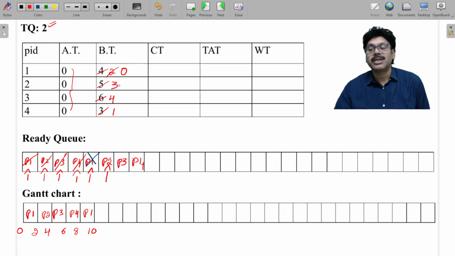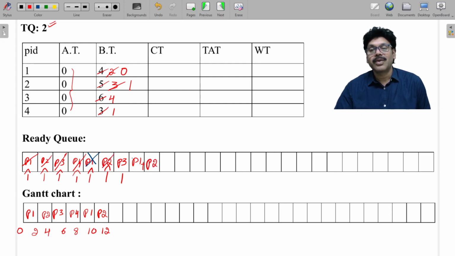P2 requires how many? 3 units, but I can give only 2 units. Balance is 1. So P2 is executed up to 12 units. By 12 it has reached. P2 is not completed because still the balance is 1. So P2 comes to the queue.